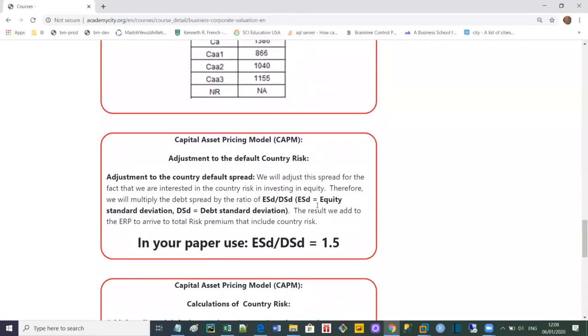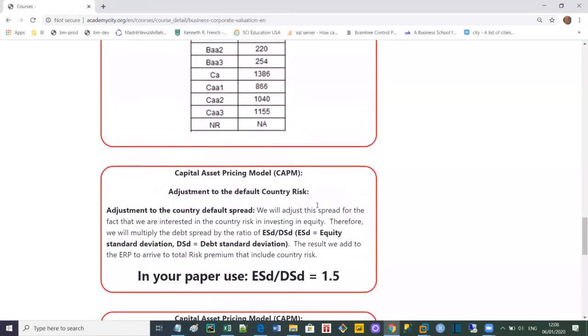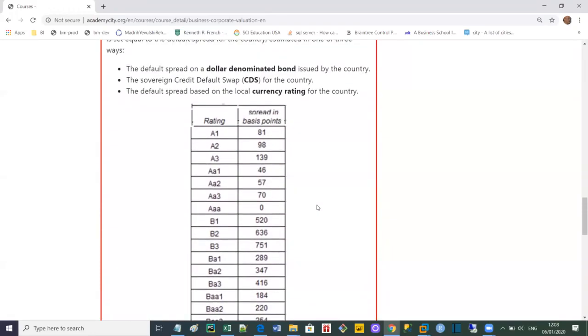Last but not least, pay attention that here we're really measuring the difference of the default on government bonds, but we want to measure how much riskier it is to invest in other countries than investing, let's say, in the US.